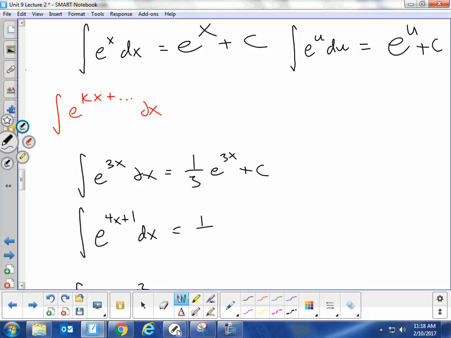Yes, just the reciprocal of the coefficient of x in that power plus c. So this is the whole getting around using U-substitution because we just have a coefficient of x. If I have e to the kx plus anything, as long as it's not another x to a power, this antiderivative would be 1 over k e to the kx plus whatever else it has, as long as it's a number.